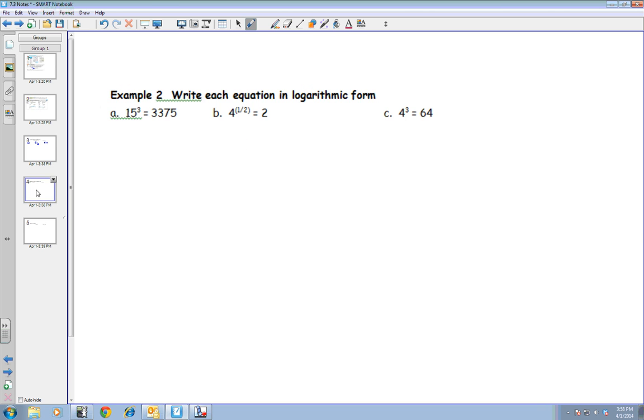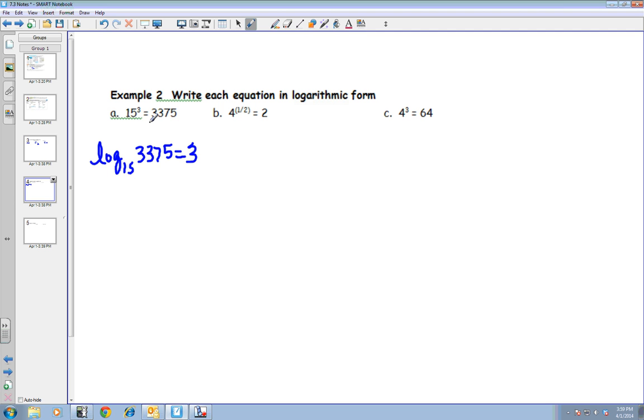So let's go ahead and look at example 2. This time, it's in exponential form, and we want to write it in logarithmic form. So on A, the first thing I'm going to write down is log, and then I need to identify my base. Well, my base is 15. Remember, this number right here comes next, 3375 equals 3.